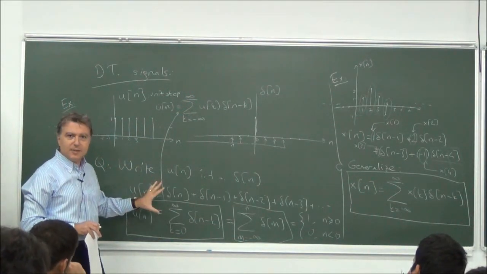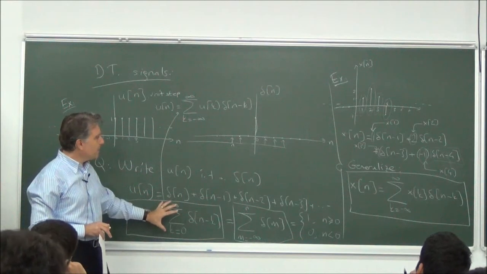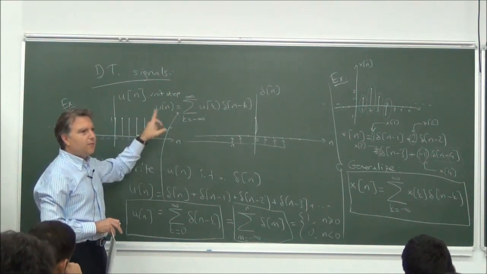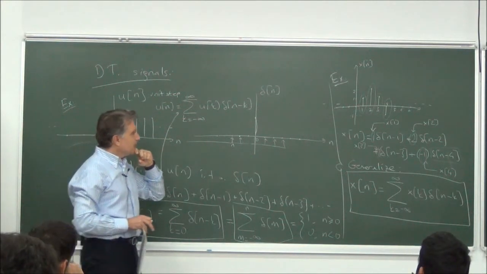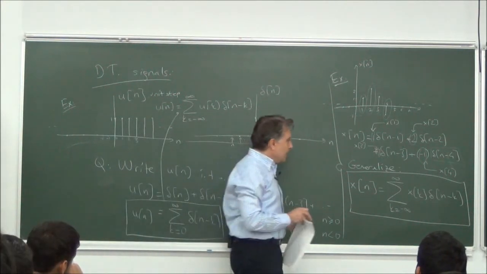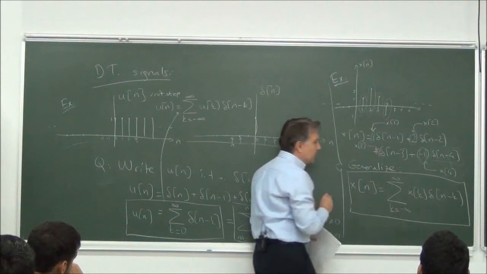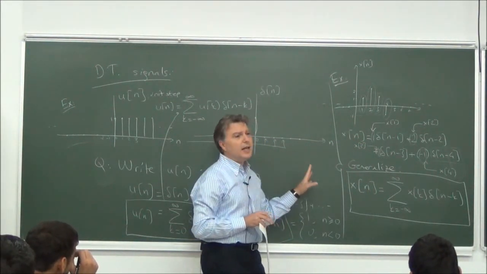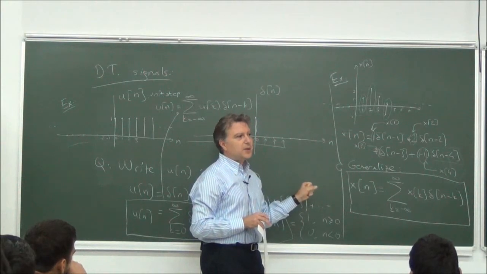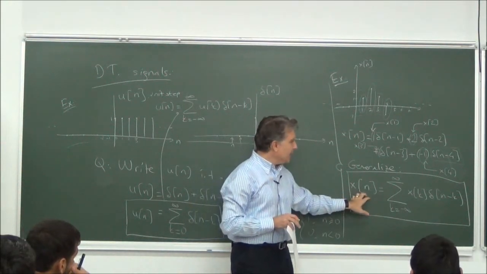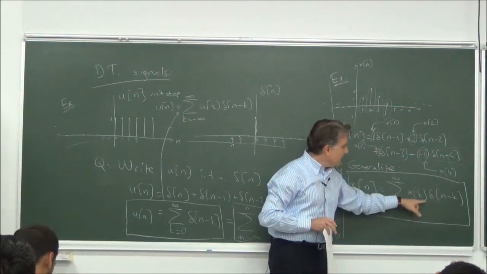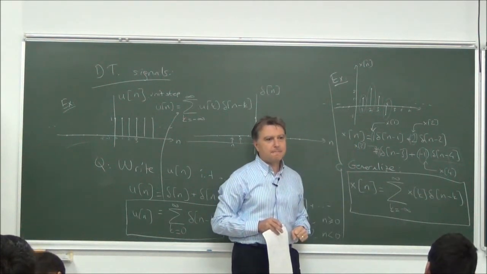But as you see, even this notation or this example is the same as this more general form of the expression of signals. This provides us with a very important conclusion. We are able to express any discrete time signal x in terms of shifted and scaled impulses.